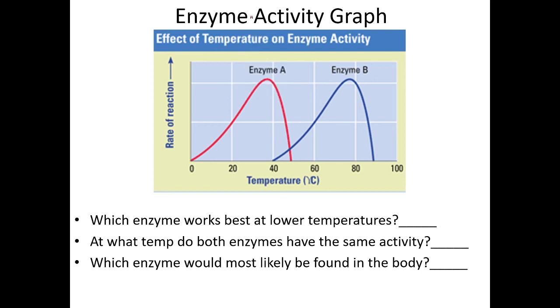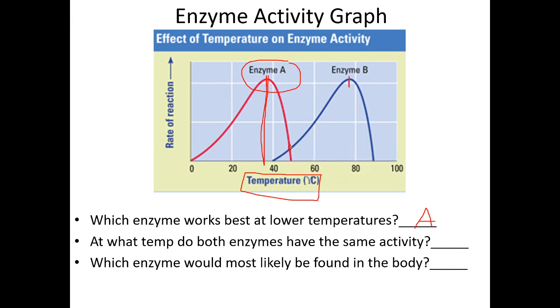So make sure that you look at this graph, looking at enzyme activity. Remember, this is in Celsius. If you look at which enzyme works best at lower temperature, this is the optimum working temperature right in here for enzyme A, and this is the optimum for enzyme B. So obviously enzyme A works better at lower temp. At what temperature do both enzymes have the same activity?